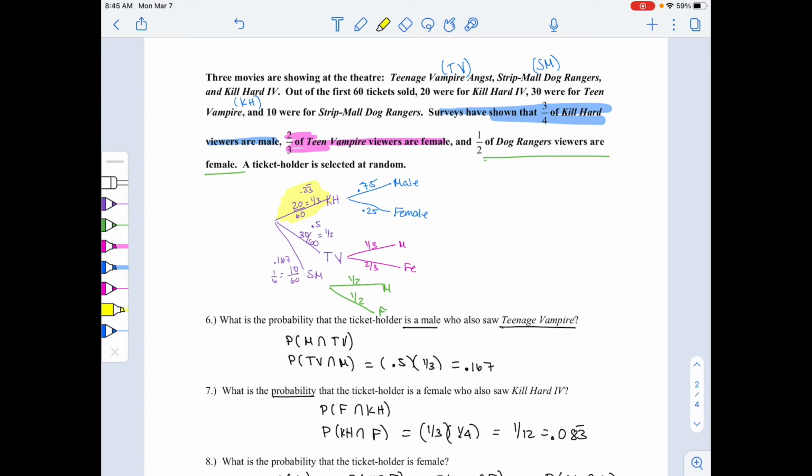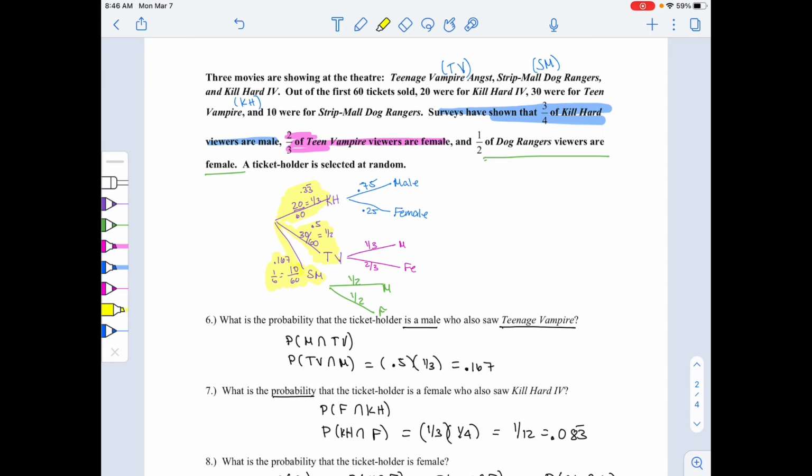It next said that 30 were for teenage vampire. So I wrote in my tree that 30 out of the 60, which reduces to 1/2 or 0.5, went to teenage vampire. And the last 10 out of 60, 1/6 or 0.167, went to strip mall dog rangers.